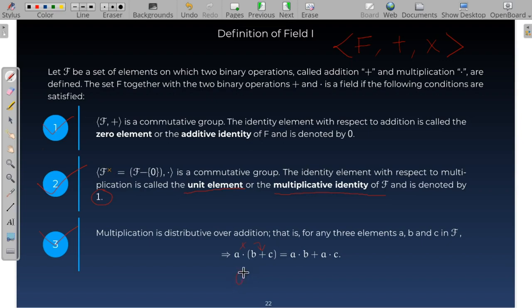What I mean by that is a plus (b times c) is not equal to (a plus b) times (a plus c). So addition is not distributive over multiplication, but multiplication is actually distributive over addition. So with these three conditions, you can have a field.